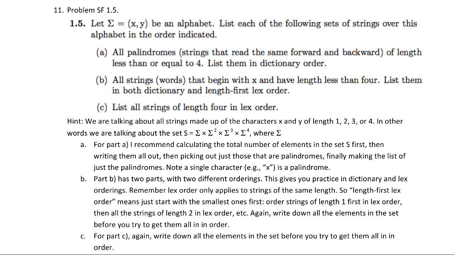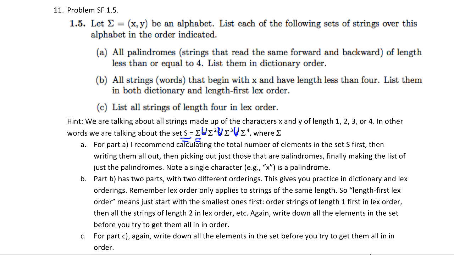What we're doing is we're making sets of strings over an alphabet, and that means we're taking that set sigma, and we're talking about the set S, which is made up of sigma, oops, this is a typo, sigma union with sigma squared, union with sigma cubed, union with sigma to the fourth.